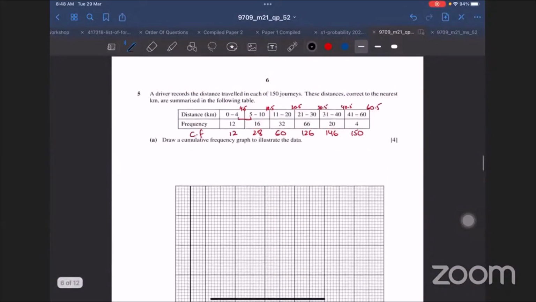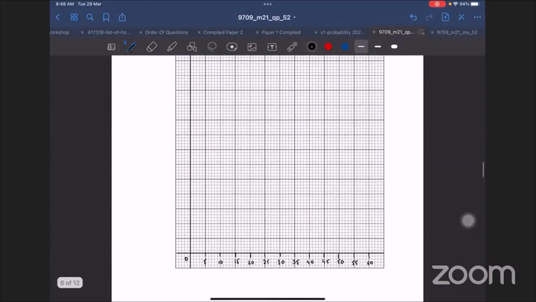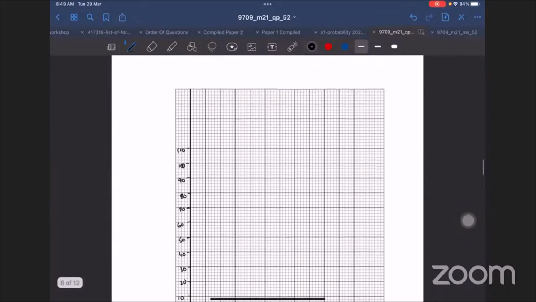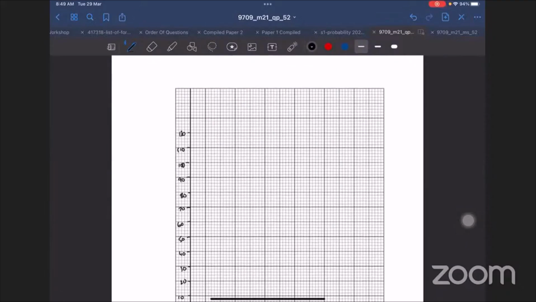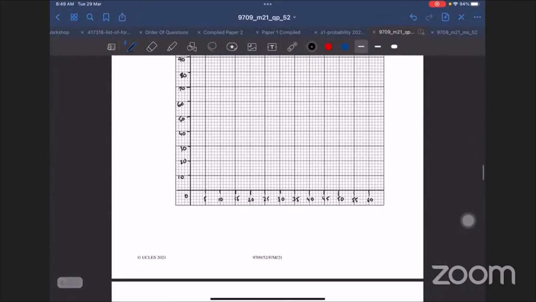The cumulative frequency goes up to 150. Sizing, I will have to do this 10, 20, 30, 40, 50, 60, 70, 80, 90, 100, 110, 150. This is CF, and this is distance. Let's label this distance.